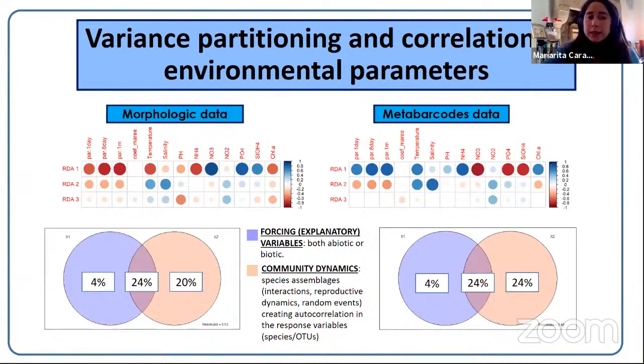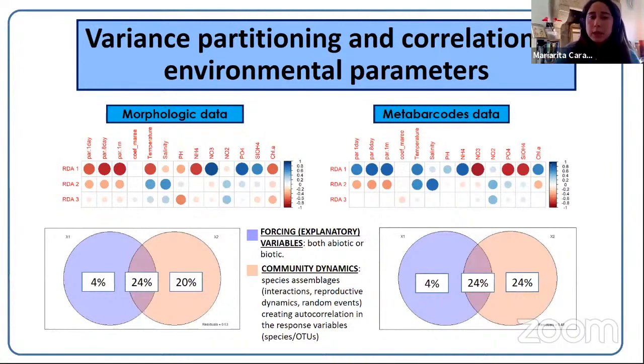What we can see here is that the environmental parameters alone, in blue, explained 28% of the variance for both datasets. But the community dynamics, the dbMEM that we used, explained instead 44 and 48% of the variance, respectively, for morphologic and metabarcoding data.